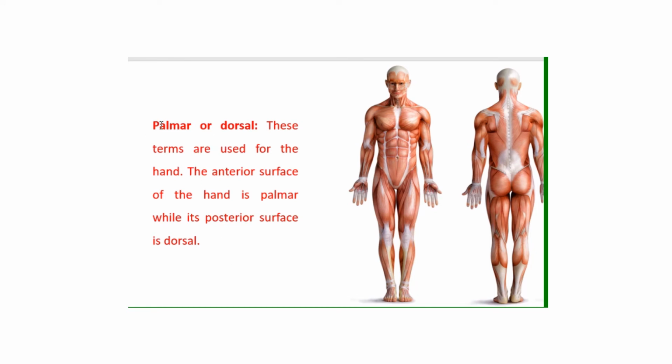Palmar and dorsal are terms used only for the hand. This is the palmar surface of the hand, and this is the dorsal surface of the hand. Palmar is the palm of the hand, a point present on the palm of the hand. Dorsal is on the dorsum of the hand.